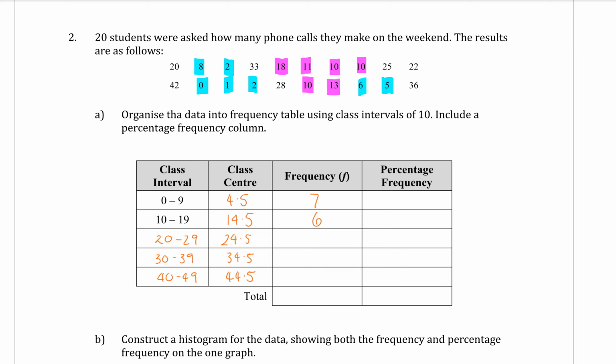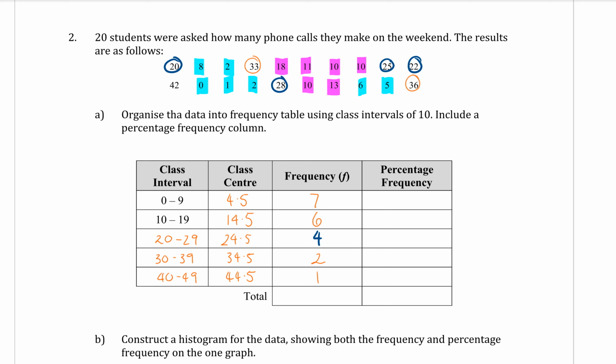Go through and look for numbers between 20 and 29. Okay, so I get 4. Look for numbers between 30 and 39. So that's 2. And that just leaves the one last number, 42, which is between 40 and 49.